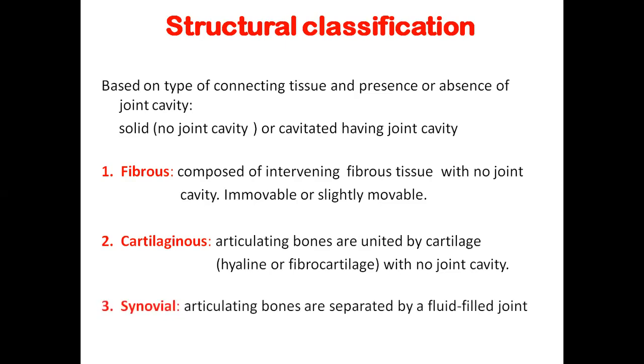The third one is the synovial joint. As we divided the joints on structure basis into two main groups, joints having a cavity and joints having no cavity, the joints having a cavity are not solid joints, but cavitated joints, and the articular bones are separated by a fluid filled joint space or cavity that is called the joint cavity or synovial cavity.